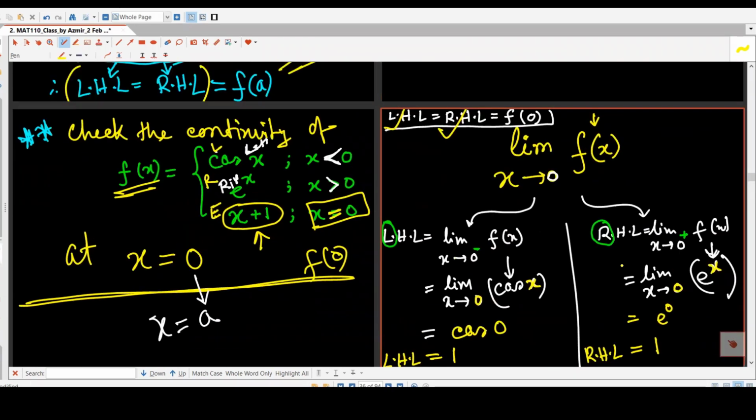I am repeating the same sentence that is written here: check the continuity of this function at x equals 0. This piecewise function is continuous at x equals 0 because left-hand limit, right-hand limit, and functional value are all the same. I hope you have understood up to this part.